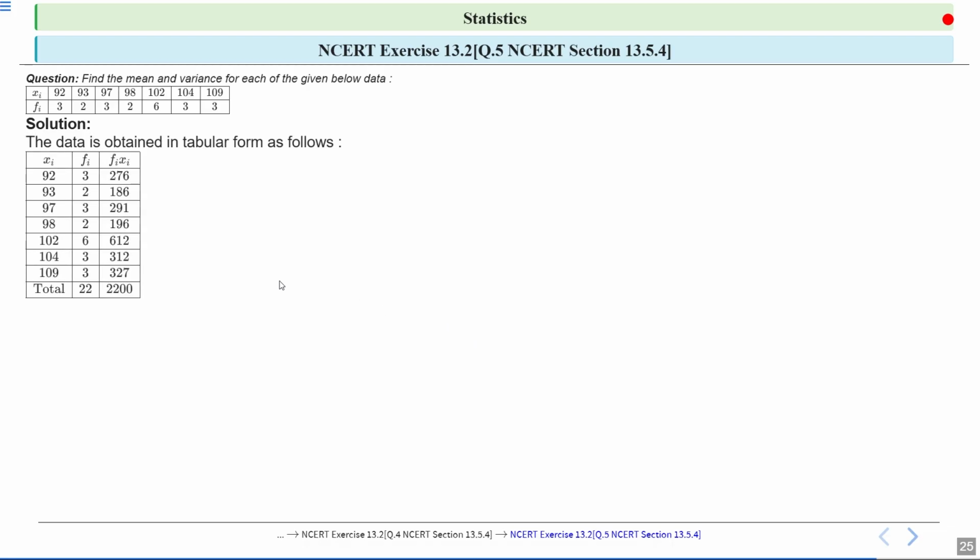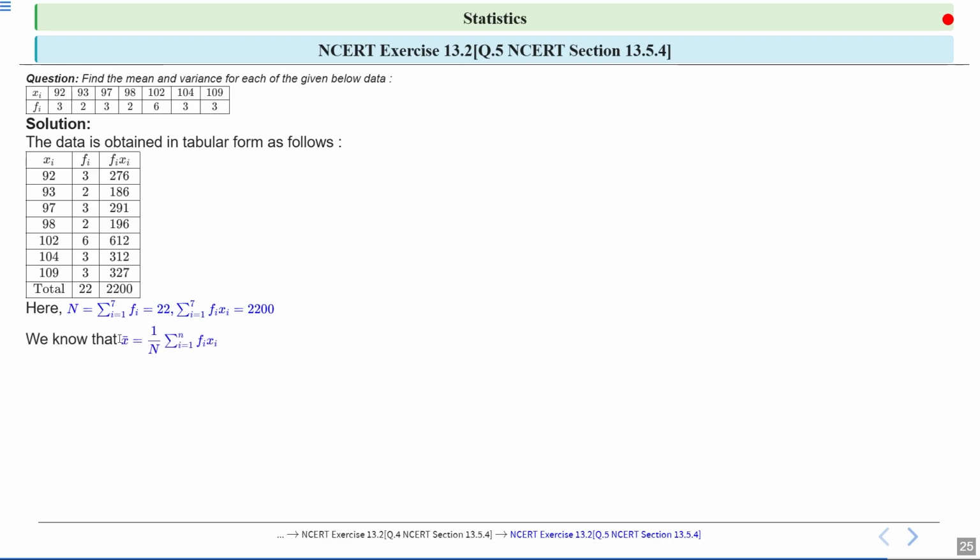First of all, we organize the data into a table with 3 columns. First column xi, second column fi, and third column fi times xi. And from the table here, n, the summation from i equal to 1 to 7 of fi, equals 22, and the summation from i equal to 1 to 7 of fi times xi is 2200.